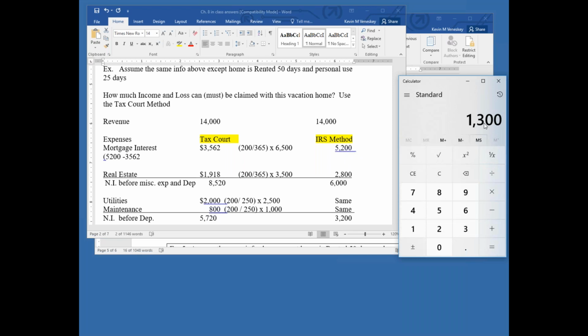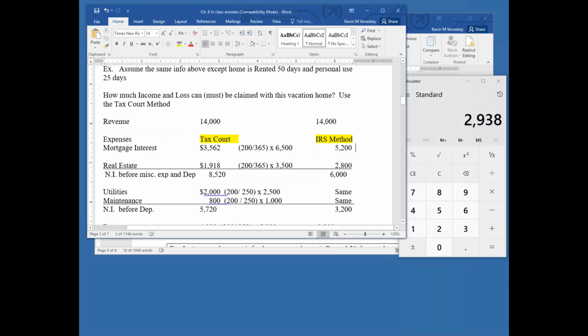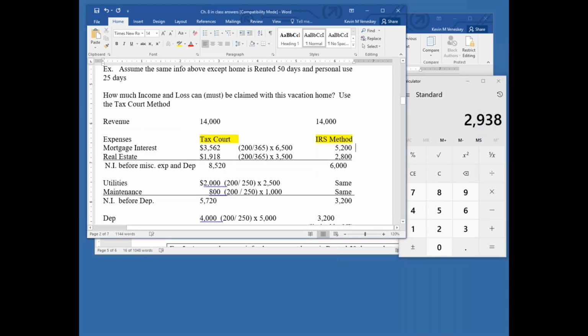I could only use 1,300 on Schedule A. Whereas with the tax court method, I could use 6,500 less the 3,562 because I used less on my Schedule E. So therefore, instead of it being 1,300 on Schedule A for mortgage interest, I can use 2,938. That's a pretty big difference. That's a 1,638 difference that I can add to my Schedule A.